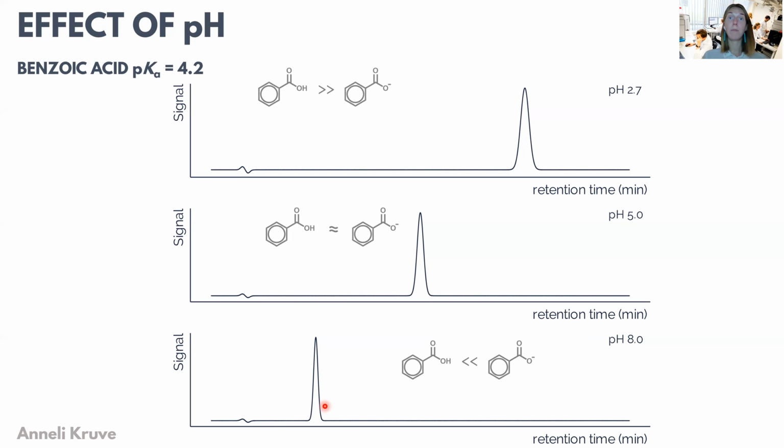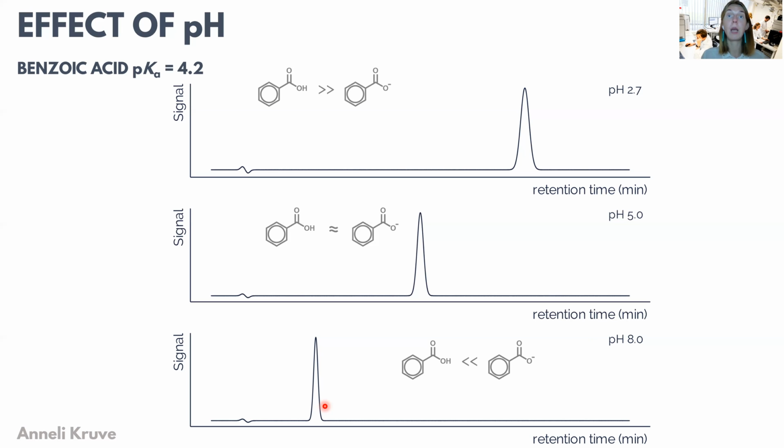Firstly, we always need to buffer our mobile phases in reverse phase chromatography to be sure that our compounds always elute from the column at the same retention time, and this would not vary depending on the pH of the sample or even random fluctuations in the conditions. So the pH needs to be very, very stable in the mobile phase to always get the same retention time.